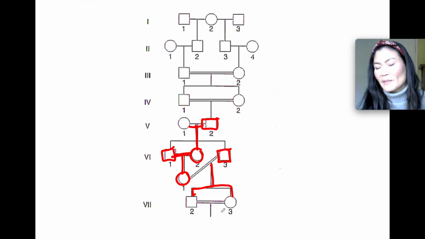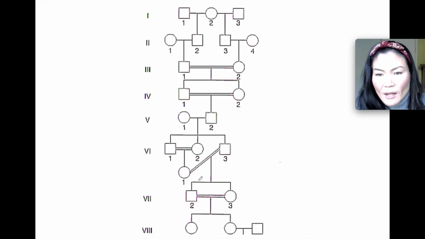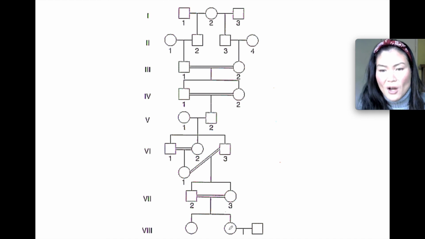So I have to say, this is a real pedigree. I forgot to say that at the very beginning. This is a real pedigree, okay? Actual people. And then the daughter and her uncle have two kids, a son and a daughter who are brother and sister, and also get married. They have two daughters.